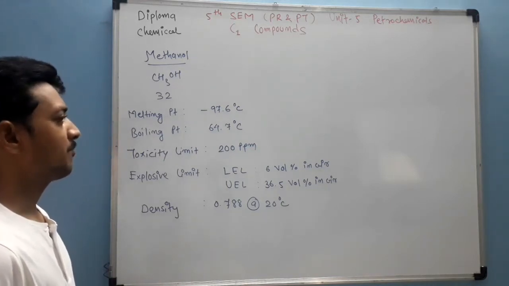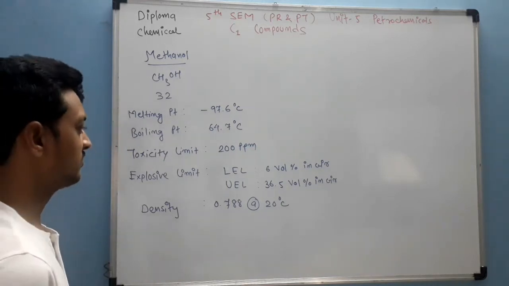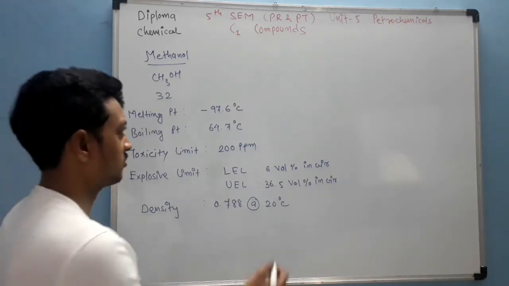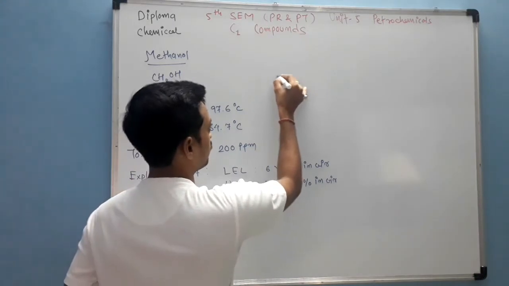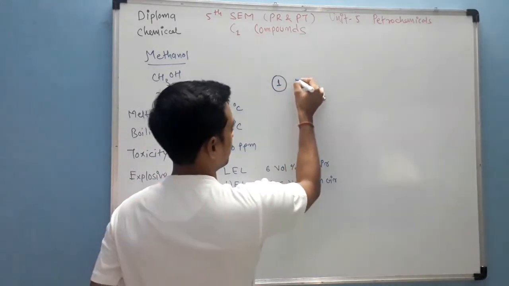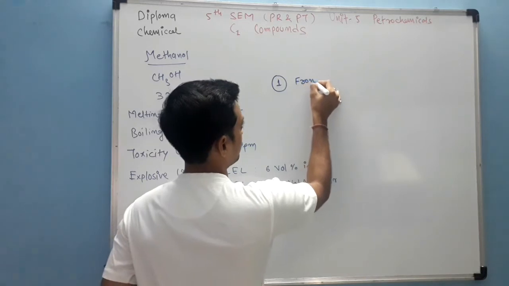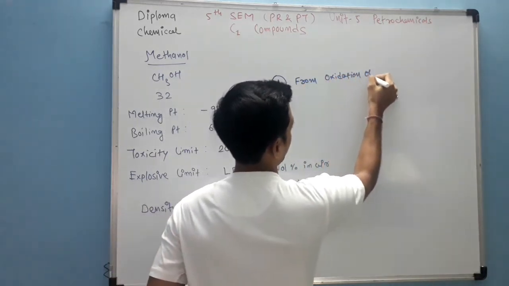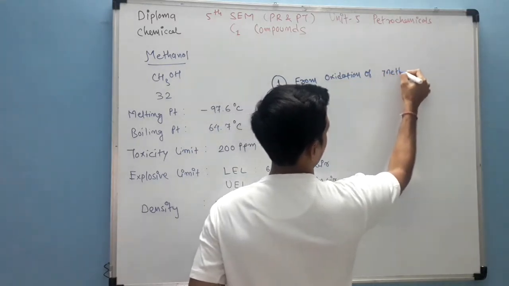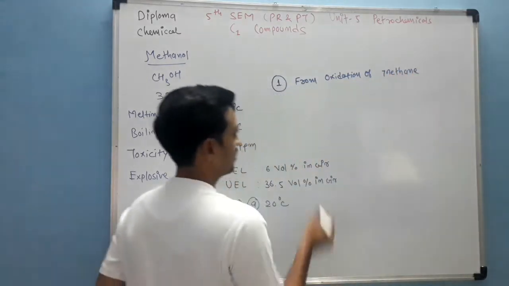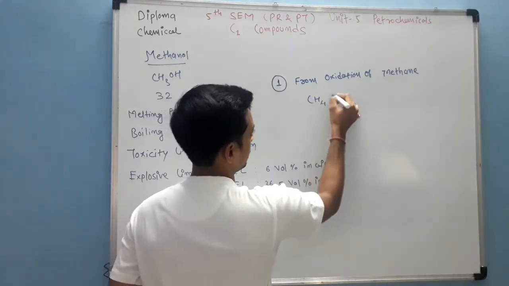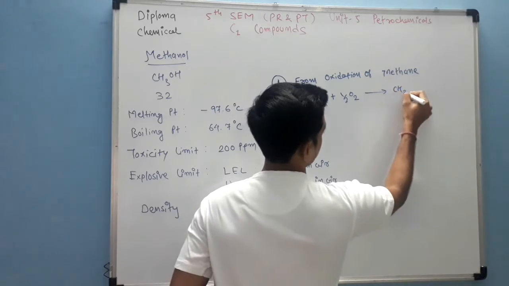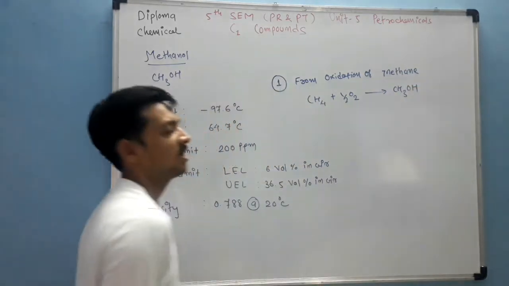Now manufacturing methods. Which methods are used to manufacture methanol? Basically two methods. First one is from oxidation of methane. When methane reacts with oxygen, it gives methanol.